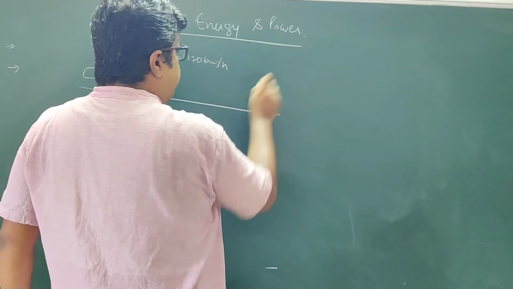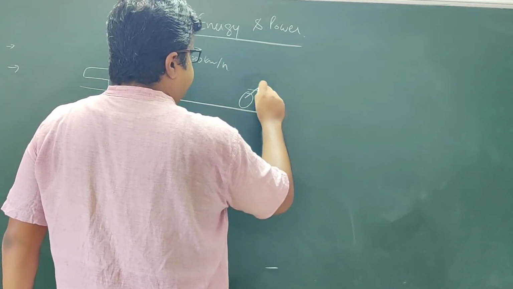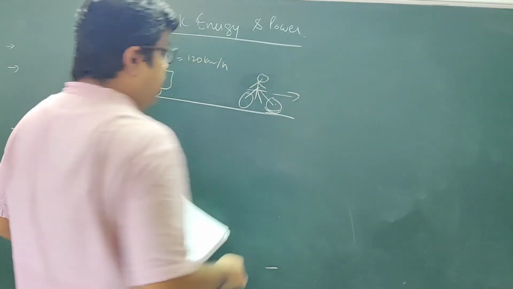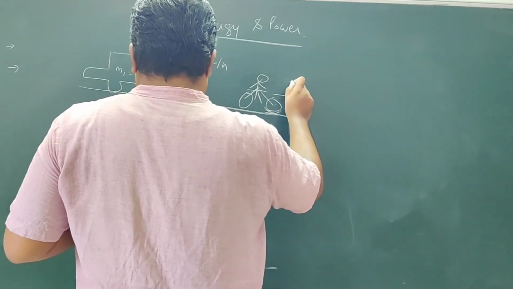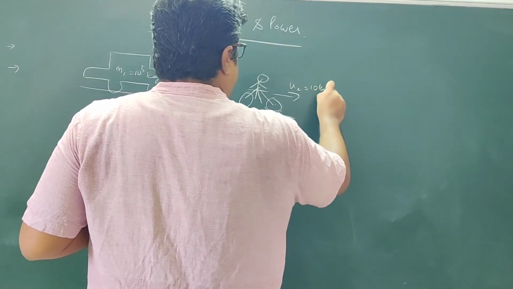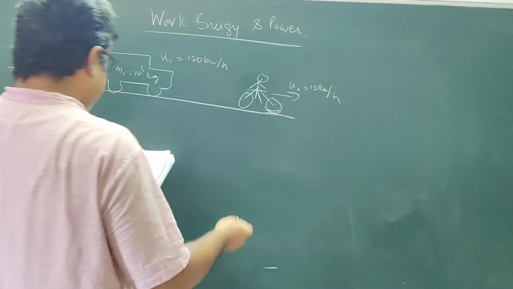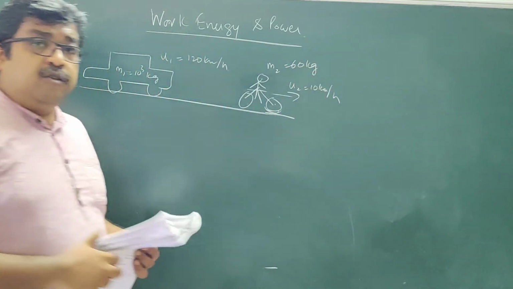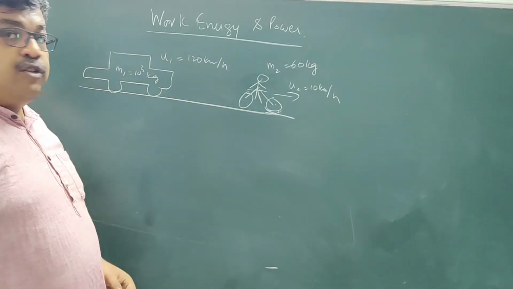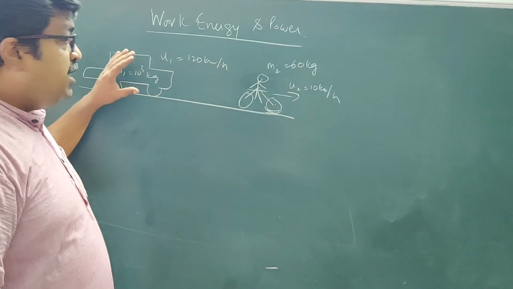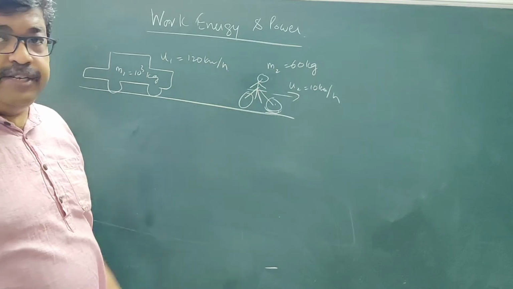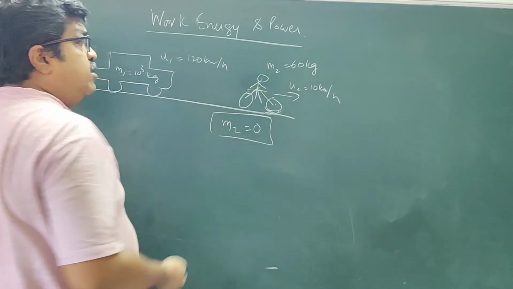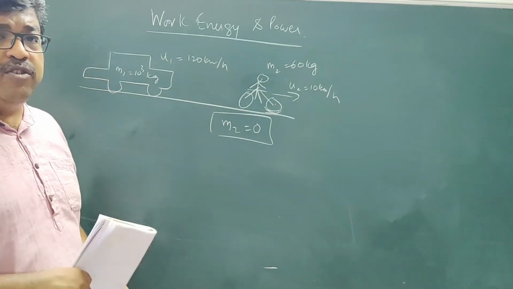Suppose here you have a cyclist going in this direction with velocity U2 equal to 10 km per hour, and the mass of the cyclist M2 is equal to 60 kg. Suppose this car hits the cyclist. Obviously this is a case where a massive projectile hits a very light target, because M2 can be taken to be 0, as 60 kg is quite small compared to 1000 kg.